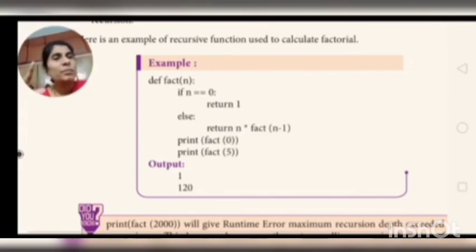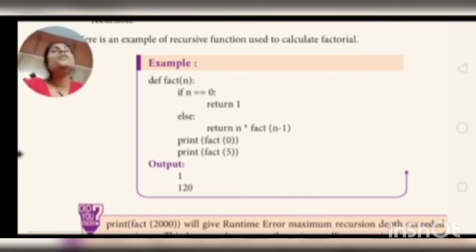So factorial of 7 means 1 into 2 into 3 into 4 into 5 into 6 into 7. So that is the factorial. If the given number is 0, then it will return the value 1. That is, factorial of 0 is 1 always. So it's a rule.